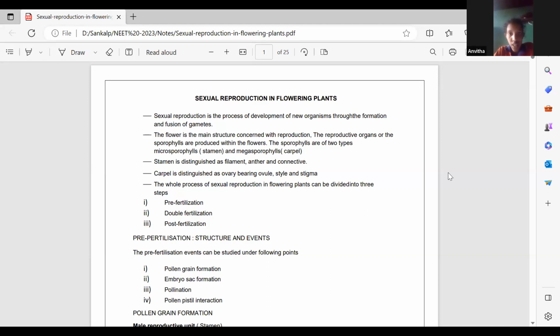Stamen is distinguished as filament, anther, and connective. Carpel is distinguished as ovary bearing ovule, style, and stigma. The whole process of sexual reproduction in flowering plants can be divided into three steps: pre-fertilization, fertilization, post-fertilization. Okay, thank you, Anvita.